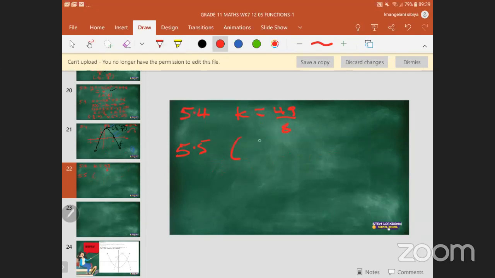Write down the final equation. So what you will do here, you say 1/4 plus 2 is 9/4, and 49/8 plus 1 is 57/8. Hence, because a is -2, your answer will be y equals -2 times (x minus 9/4) all squared plus 57/8.